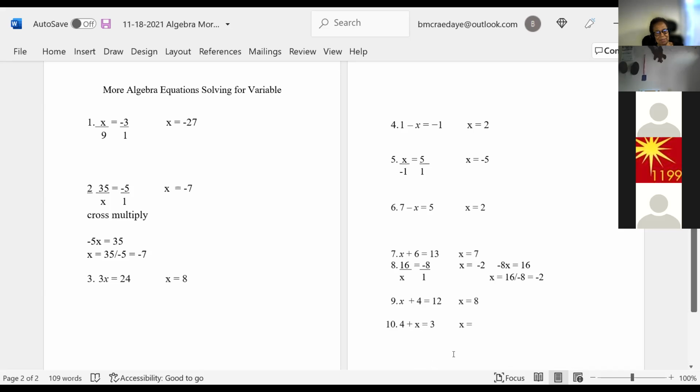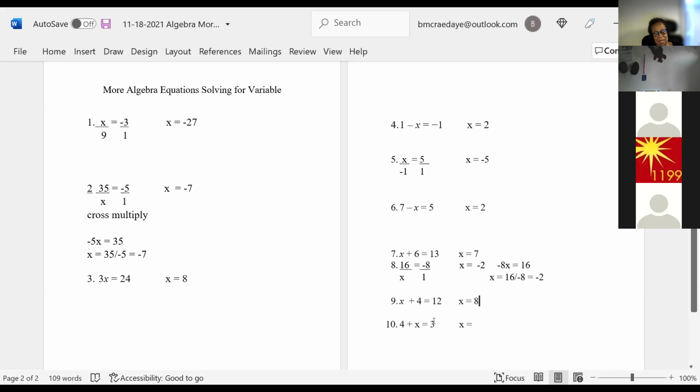Number 10. What number x added to 4 gets you 3? 7? 7 and 4 is 11.